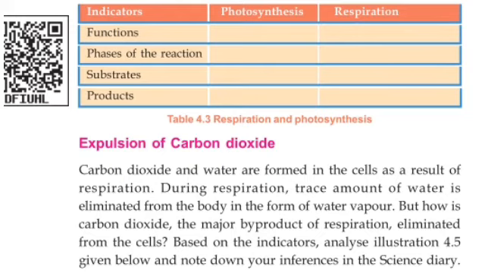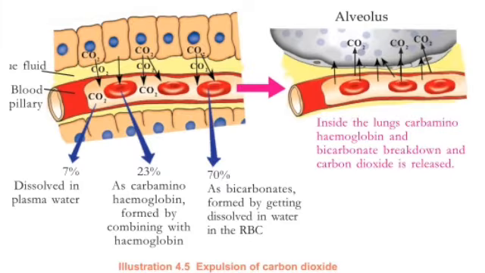Then we are going to discuss carbon dioxide expulsion from our body. Total 100% of carbon dioxide. Carbon dioxide forms as a result of metabolism, as many metabolic activities take place in our body.